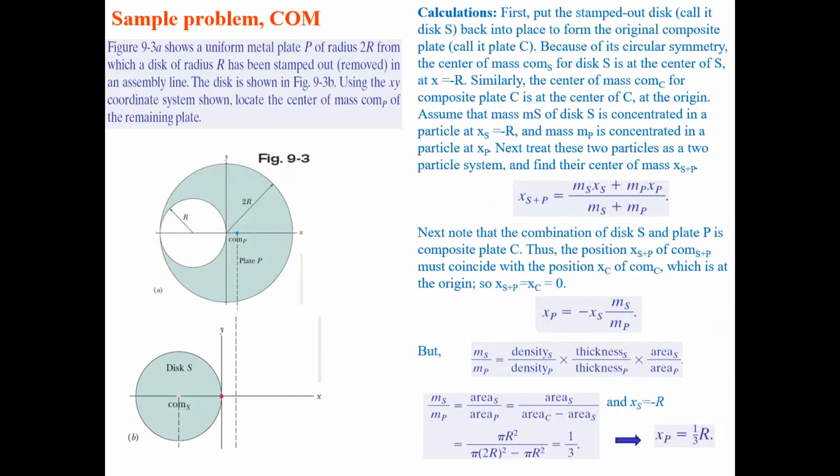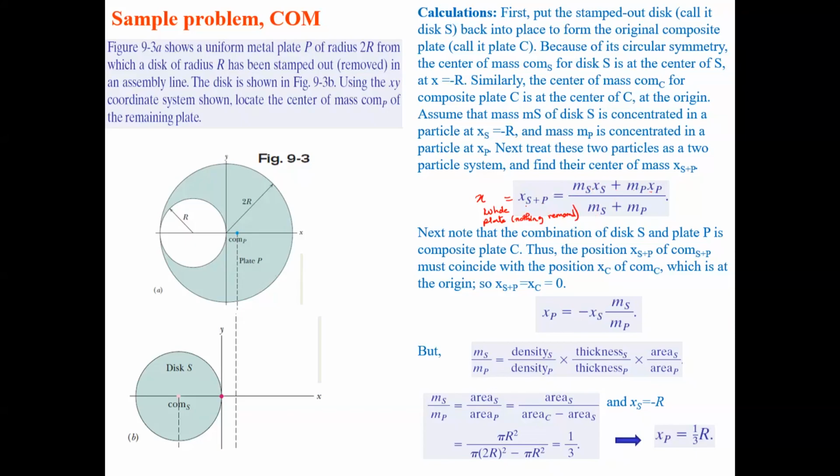Let me just show you things in a more tidy manner. So I studied the plate and the disk together, and this is none other but x of the whole plate with nothing removed. And I said the position of the center of mass here should be the center of mass of the plate times its mass plus the center of mass of the removed disk times its mass, and divide by the total mass.